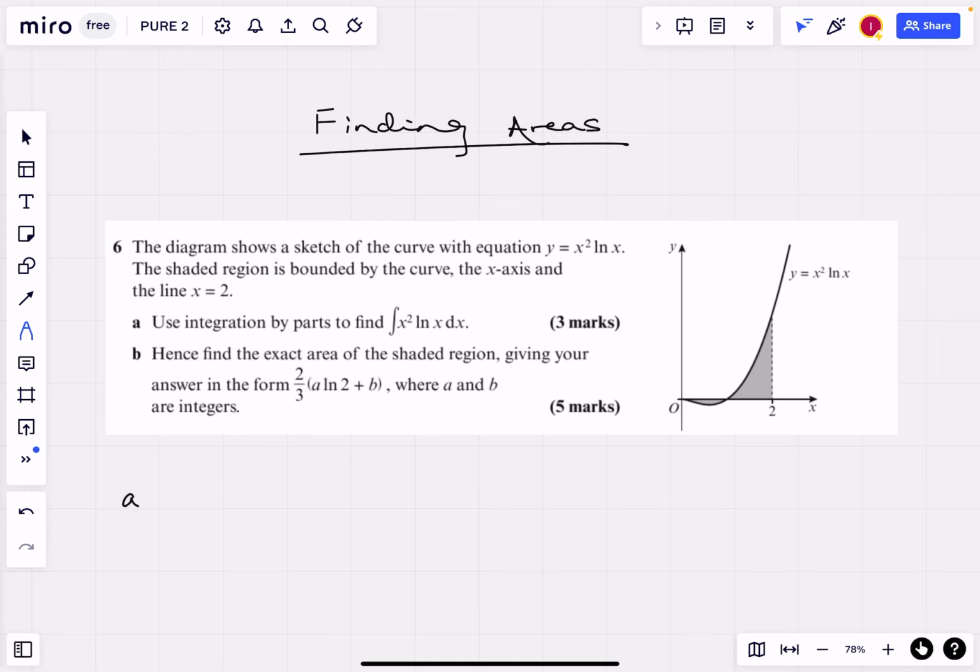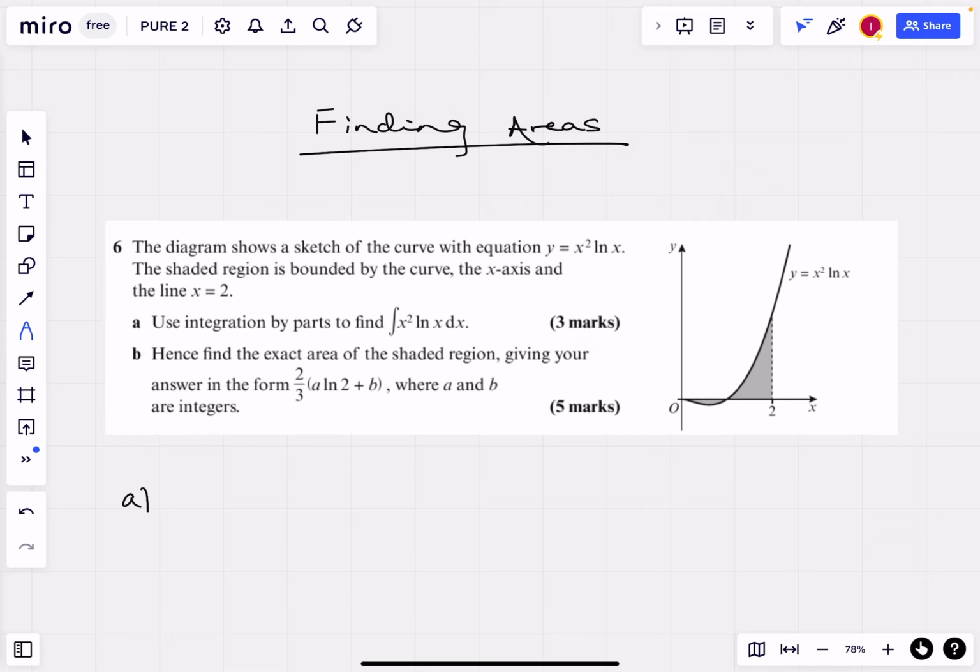So it's integration by parts, and with an example that I went through when I went over integration by parts in the previous video, or I think it may have been the one before. I don't know, I've been recording so much it's just all blurring into one.